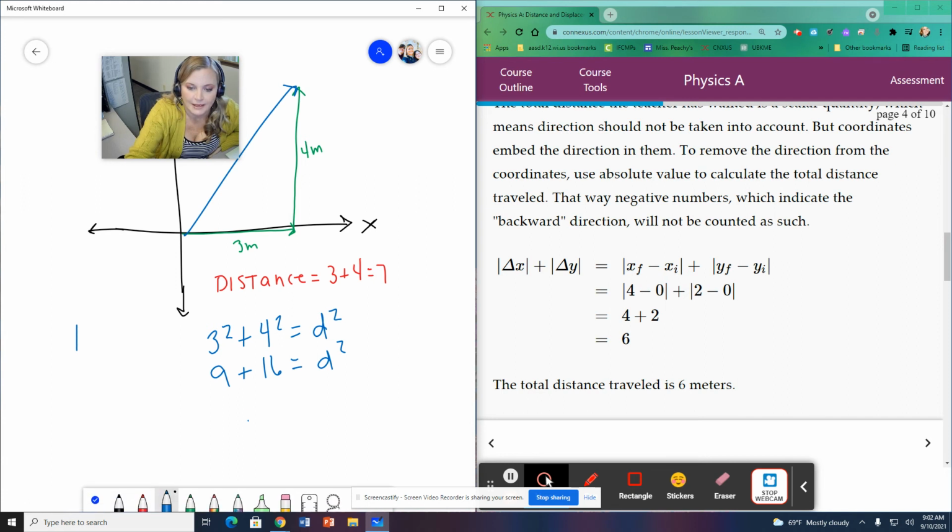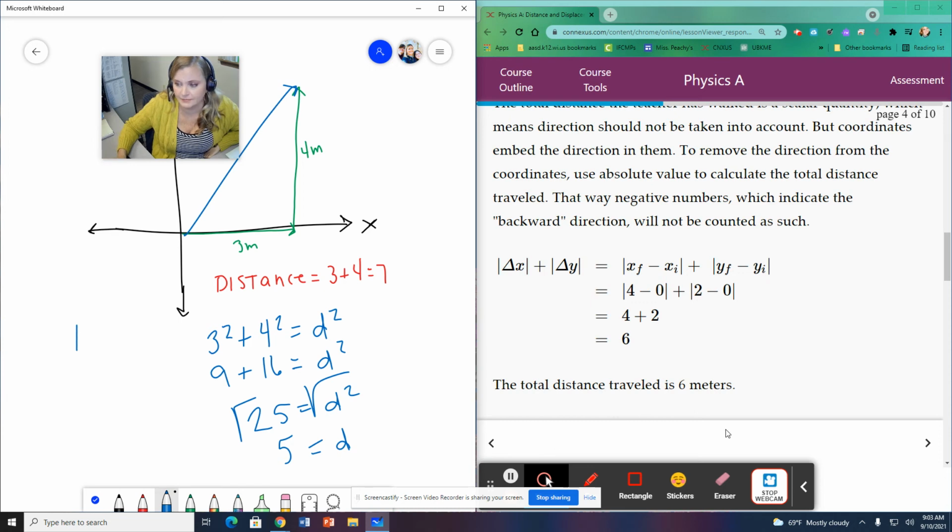So 25 equals d squared, square root of both sides. D is equal to 5. So that's my displacement. My displacement is 5 meters, but I'm not done because I also need the direction of travel, right? I need the direction here.